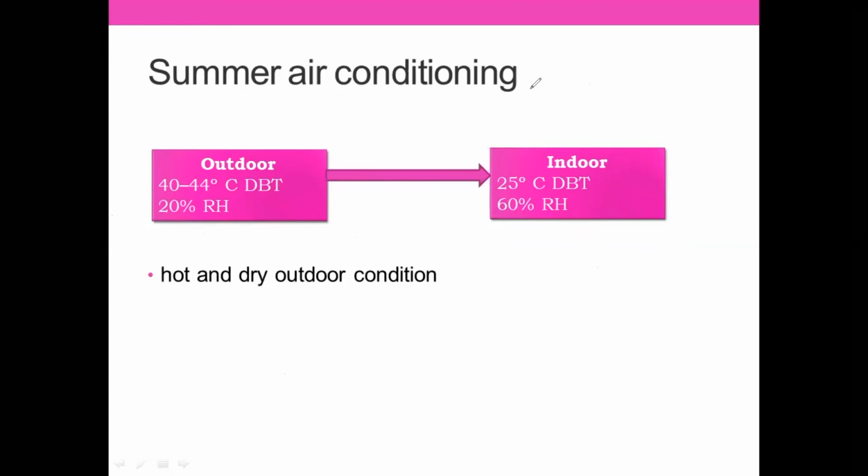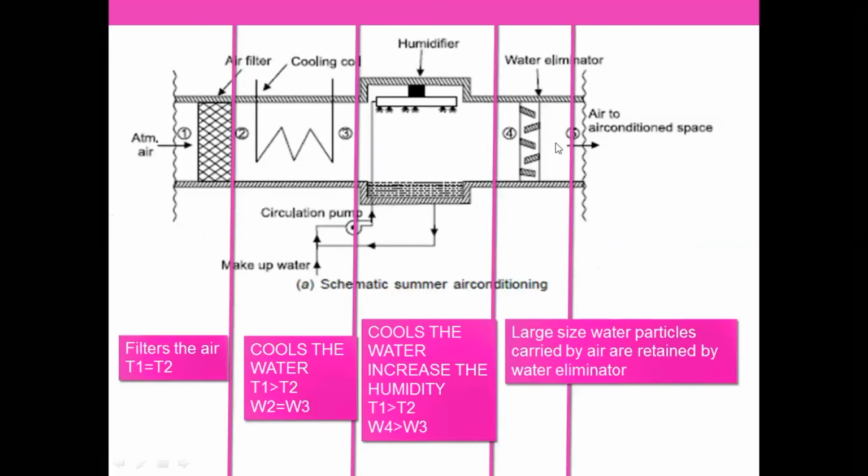So next we will move on to the schematic of the summer air conditioning system. We will take 0 to 1, which is nothing but the entry. And then 1 to 2 is the filter.